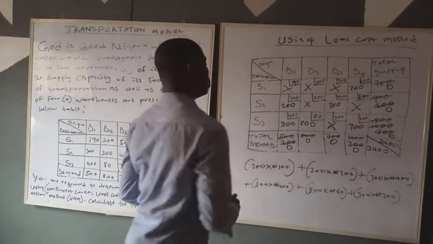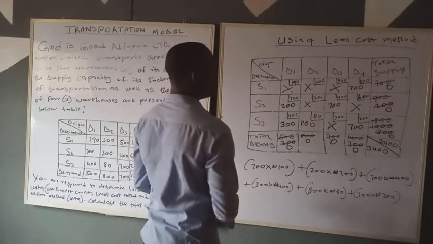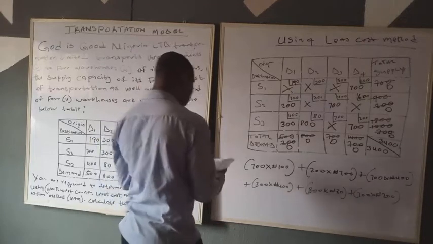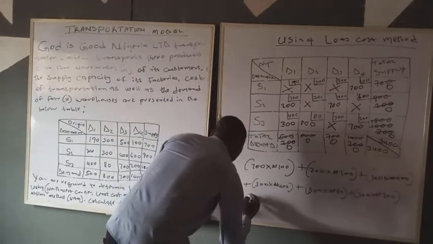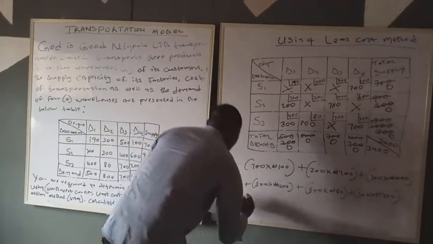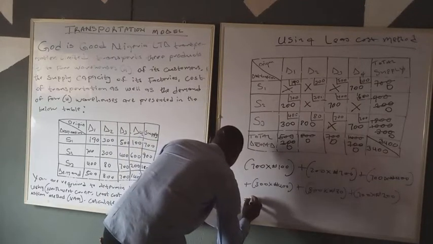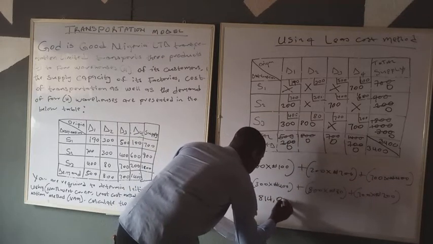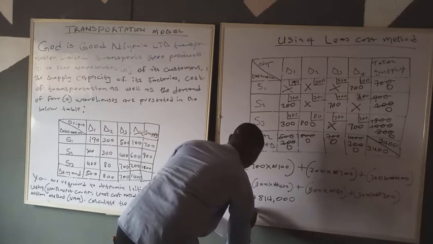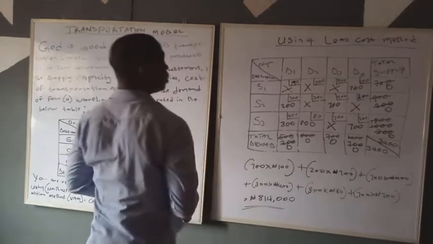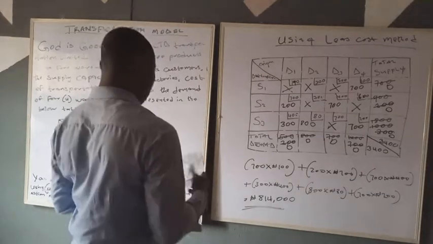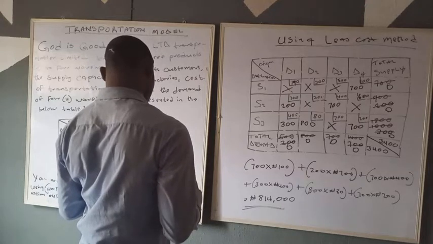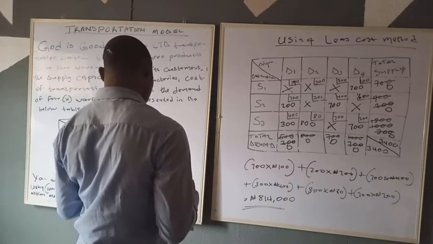So we add everything. When we add everything, we get 814 naira. That is the total using the least cost method.